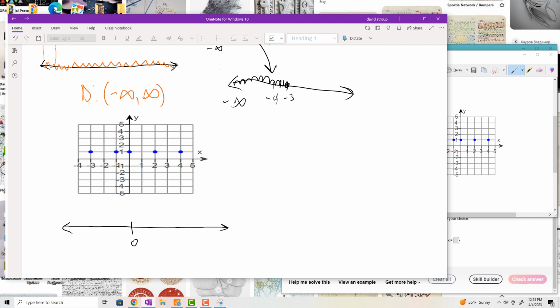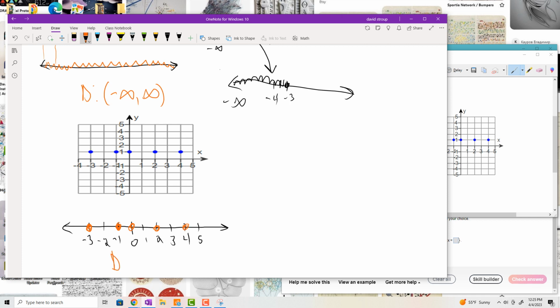So let's get the number line going here. I really only need to go to 4, but I'll go to 5. So when the shadow is cast, there's going to be a dot at -3 underneath, and then there's a dot under -1, a dot under 0, a dot under 2, and a dot under 4.